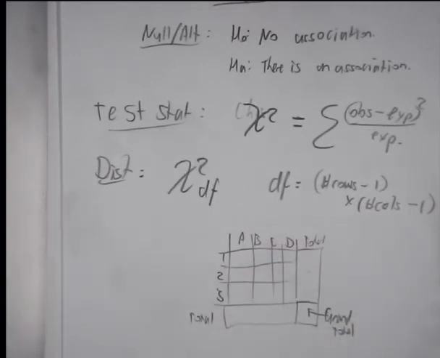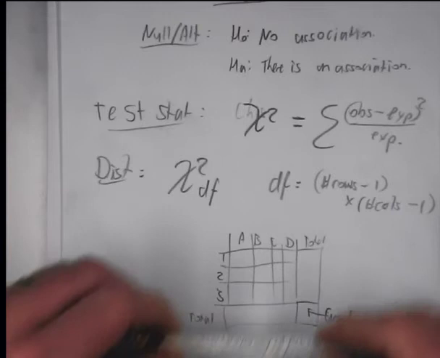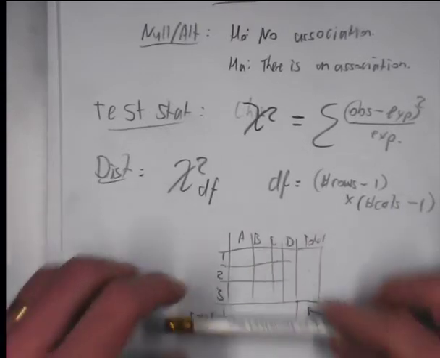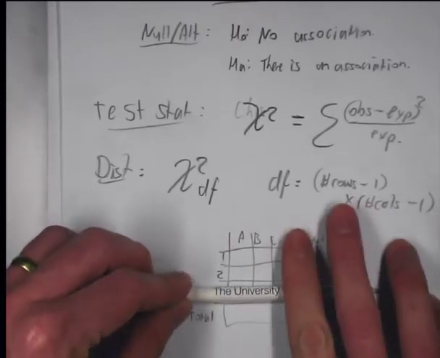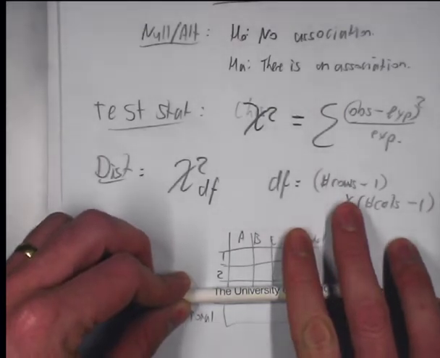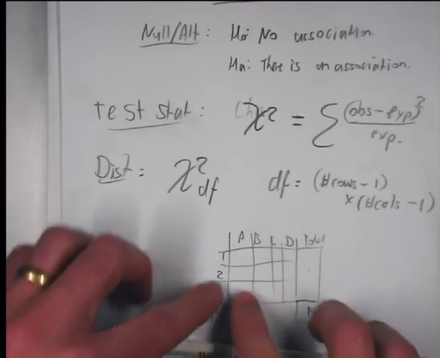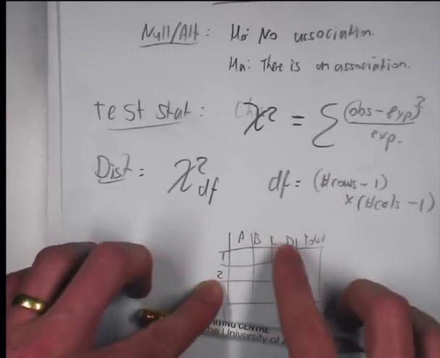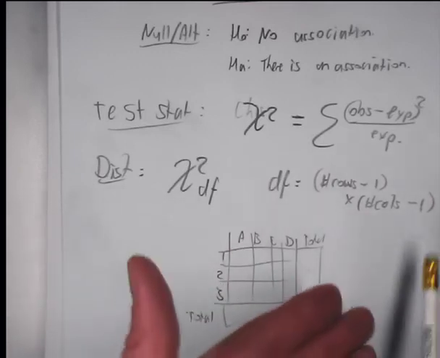But to figure out the degrees of freedom, you should just cross out one row and one column, and the number of boxes that is left is the degrees of freedom. So this has got 3 rows and 4 columns, and I have 6 boxes left. That's the degrees of freedom. Because rows minus 1 is 2, columns minus 1 is 3, 2 times 3 is 6, but I don't want to have to do that.